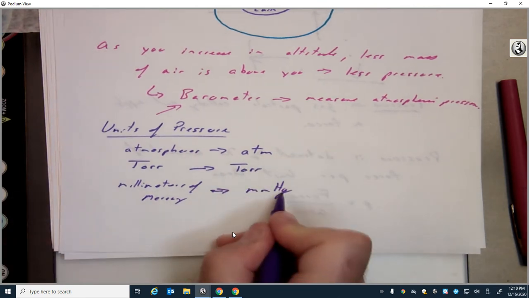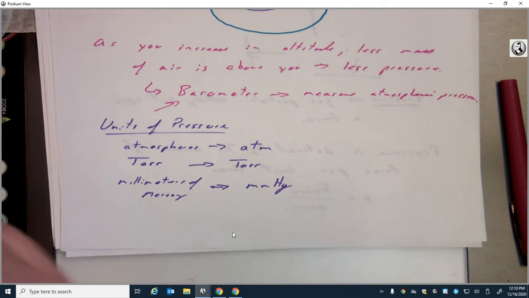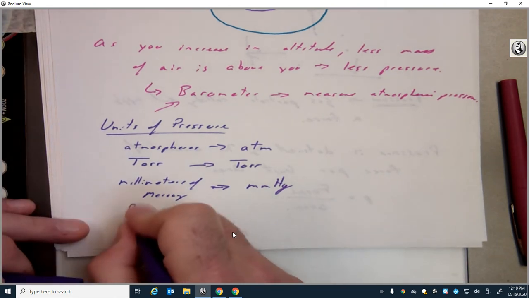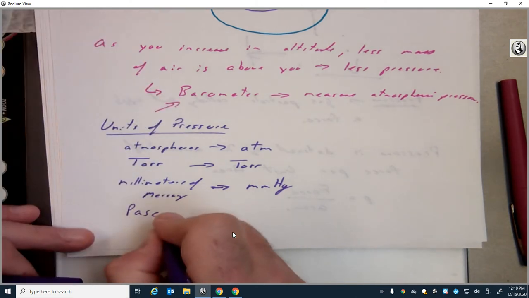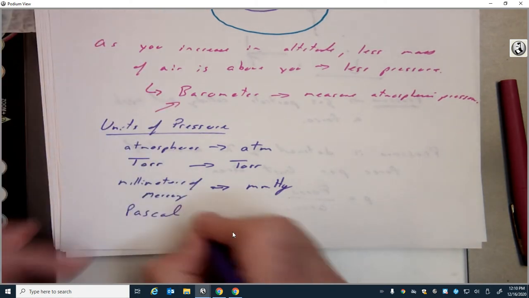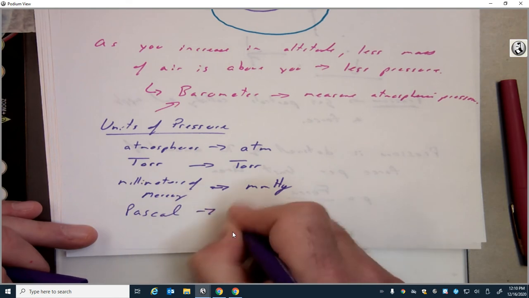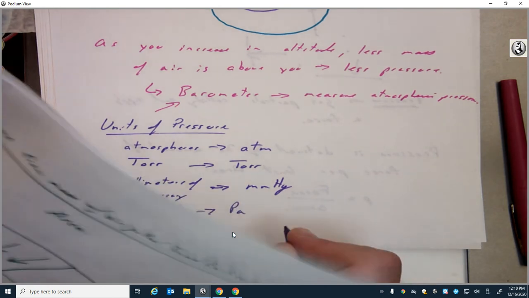That makes sense, millimeters of mercury. And we'll use the Pascal, which is Pa.